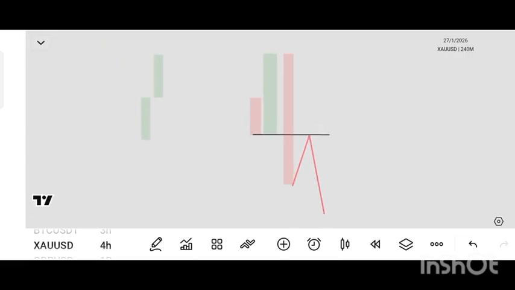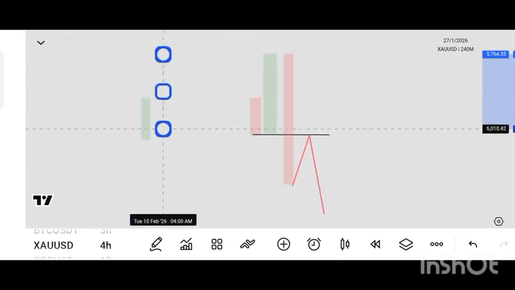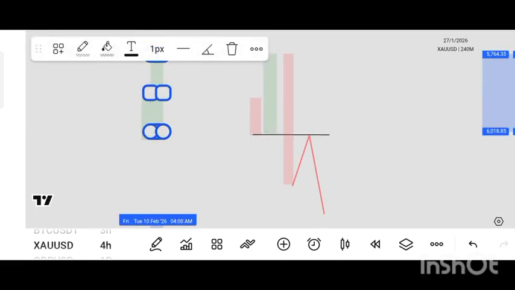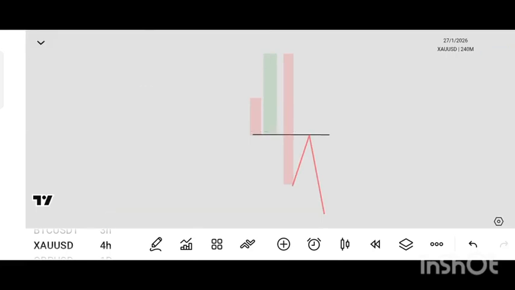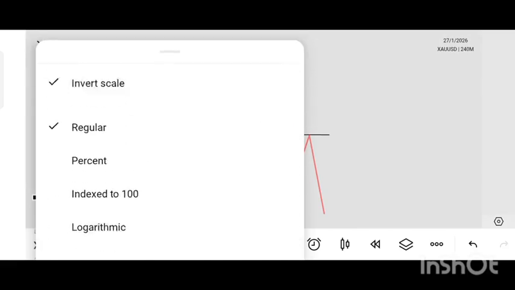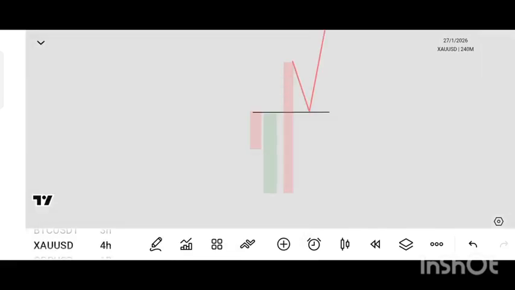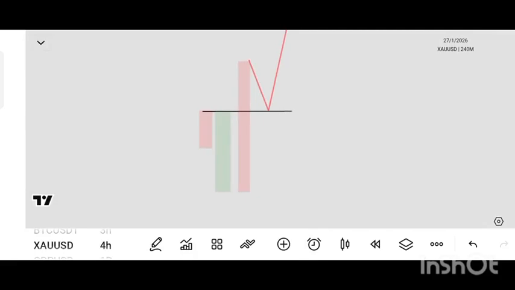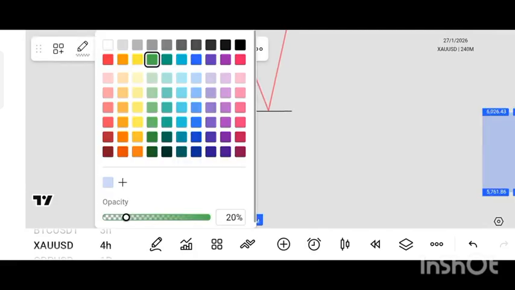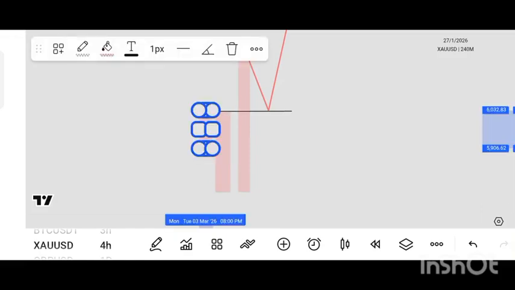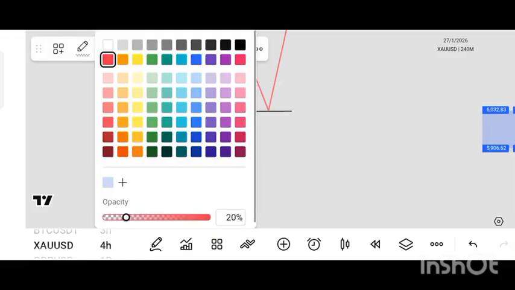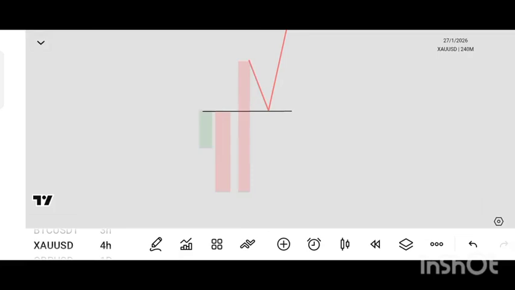So also for a bearish scenario, let me just change this. Let me change this to a bearish candle, and then let's put this to a bullish candle, and then a bullish candle.